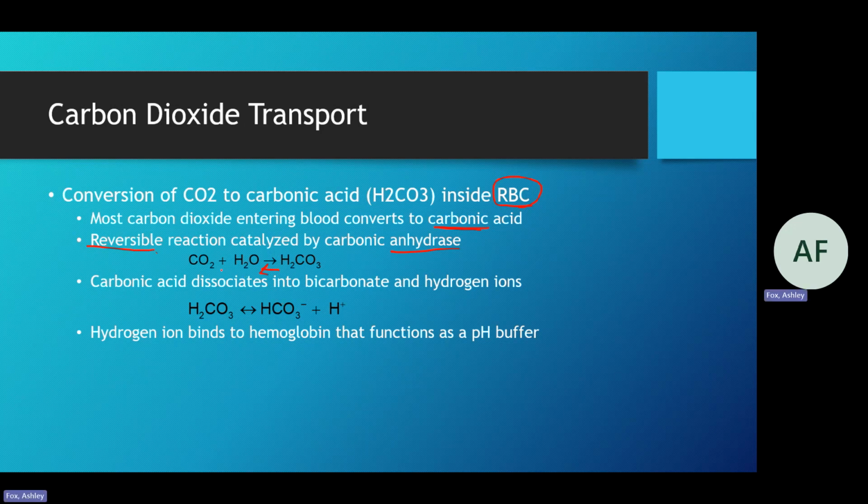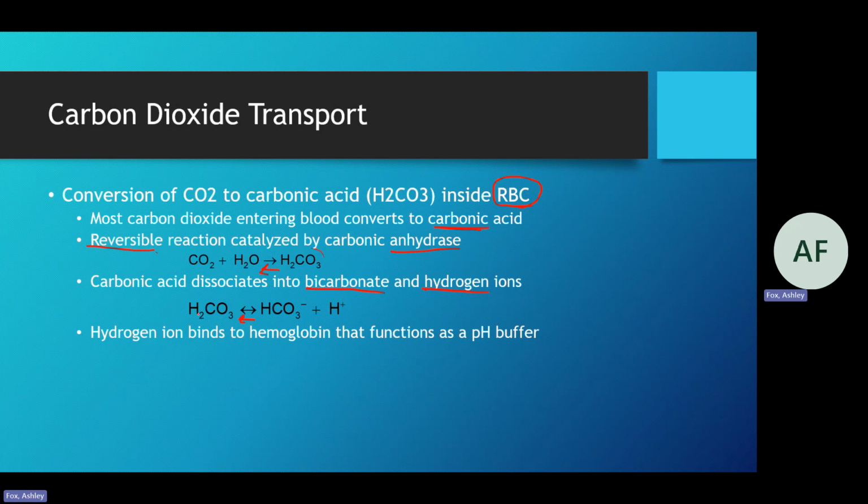So carbon dioxide plus water equals carbonic acid. H2CO3 is carbonic acid. Carbonic acid then dissociates, not all of it, but it dissociates into a bicarbonate ion and hydrogen ions. This is also reversible, meaning it goes both ways.